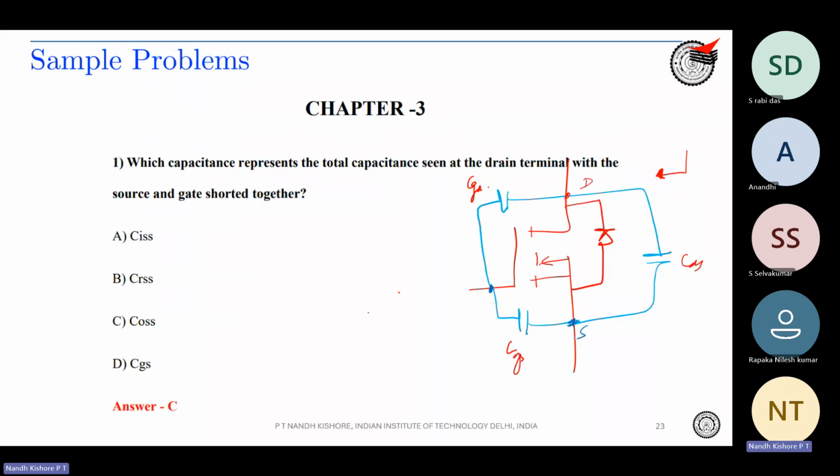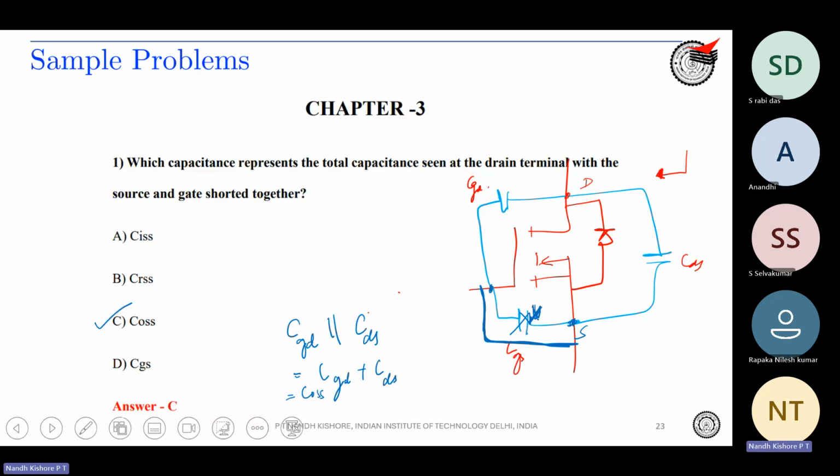You have a direct short between gate and source, therefore CGS is out of the picture. If gate and source are one terminal, effectively CGD comes in parallel with CDS, and capacitances in parallel add. So CGD plus CDS is basically COSS.